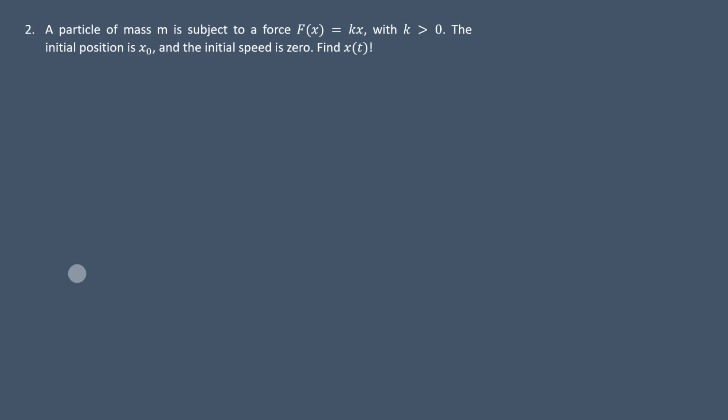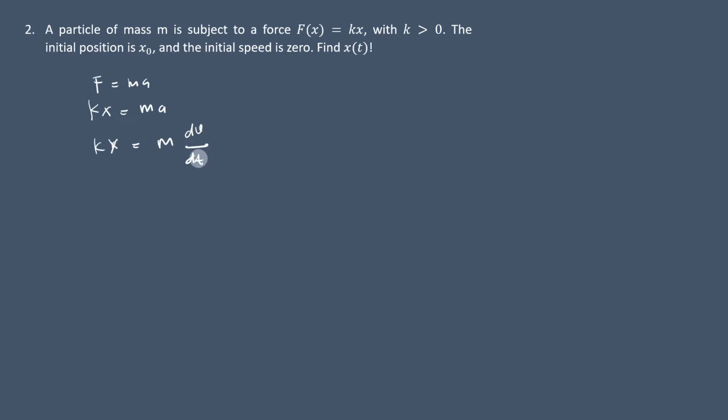Okay, again, we can solve this problem using Newton's second law. First, writing it as F equals ma, and substituting F by kx equals m times a, and we write a as dv/dt.